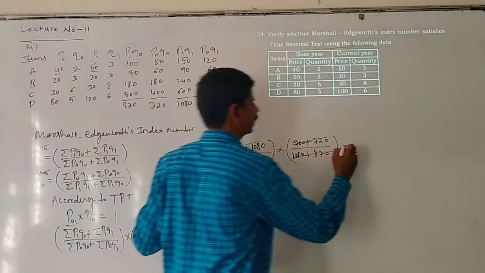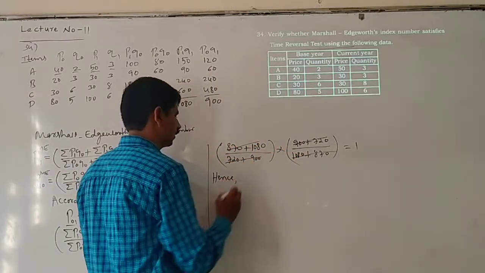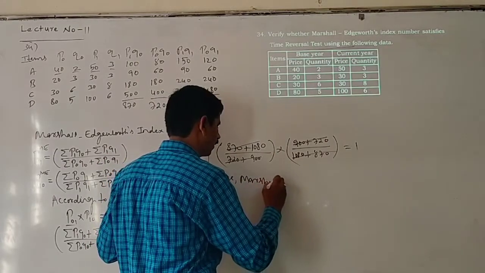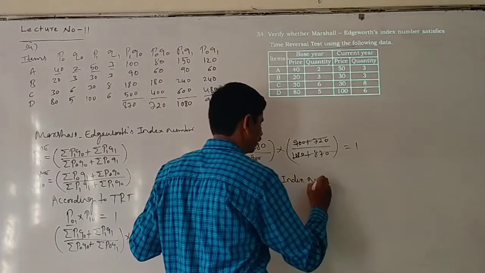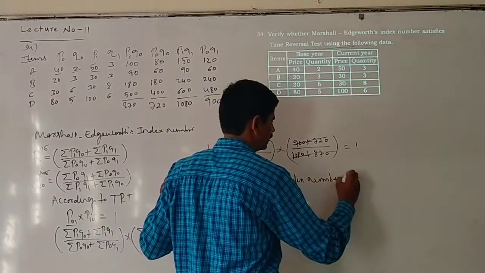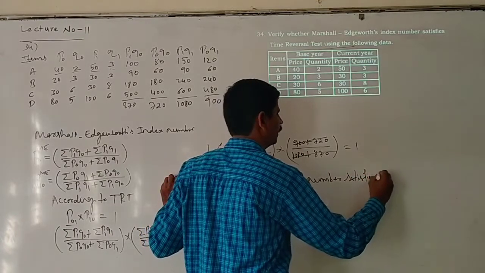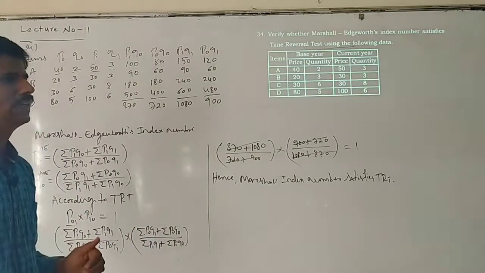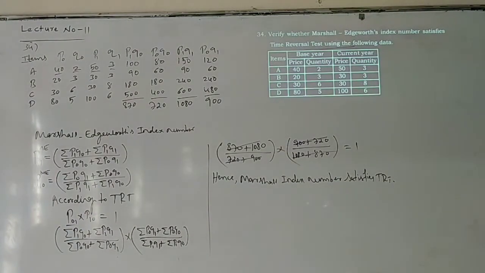Okay, it is equal to 1. Hence Marshall index number satisfies TRT. It is the solution for problem number 34.